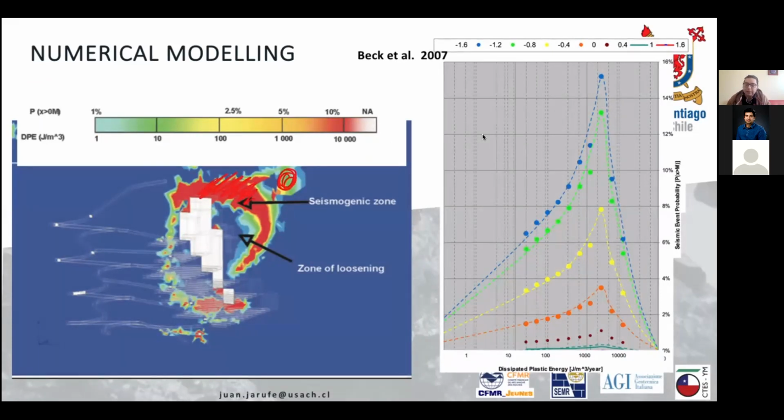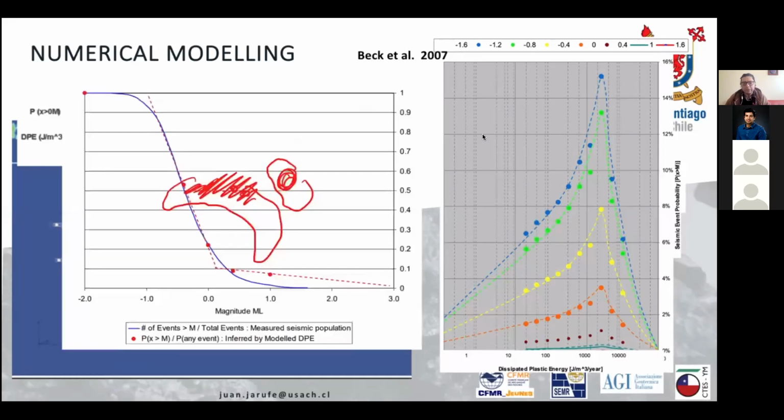He put it in a probabilistic way, so you could know the probability of having an event of magnitude 2 in this zone, and the probability of having an event of magnitude 1 in that zone. Based on that, he also created a frequency magnitude distribution.